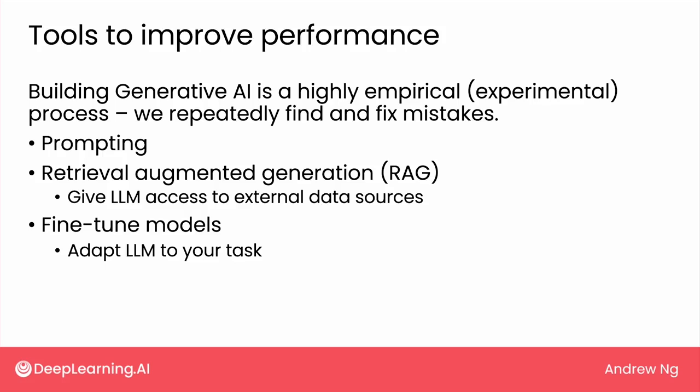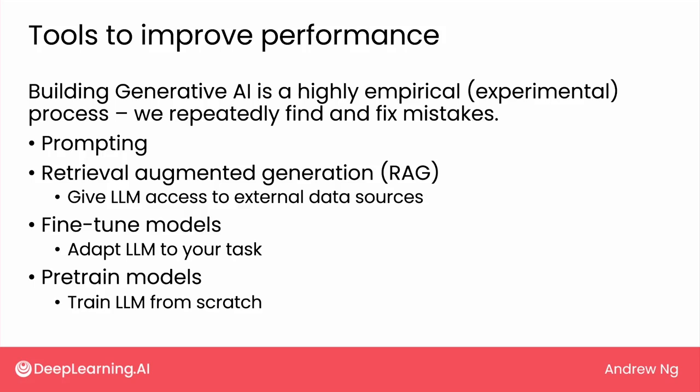And then finally, pre-training models, which refers to training a large language model from scratch. Don't worry about it if you don't know what any of these terms mean. We'll go through each of them in depth later this week, but they're all key techniques that, in addition to prompting, give you different ways to improve the performance of your generative AI system.